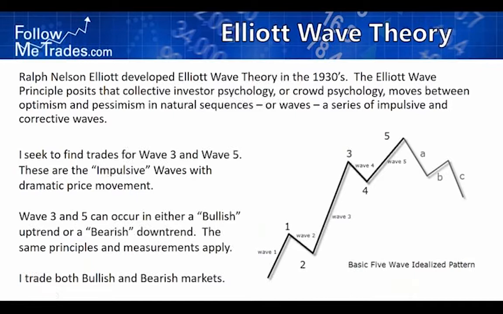Natural sequences is an important concept because we're going to use Fibonacci tools to measure these waves. And Fibonacci sequences show up all around us in nature. And, you know, the collection of market participants are a complex, semi-natural system. So it's pretty interesting.